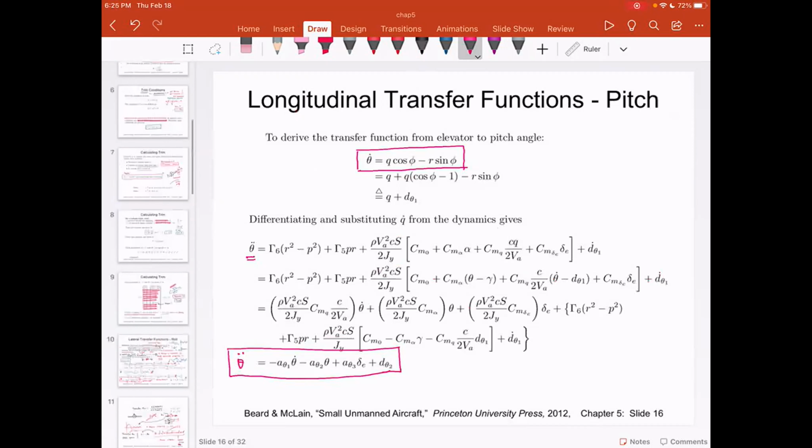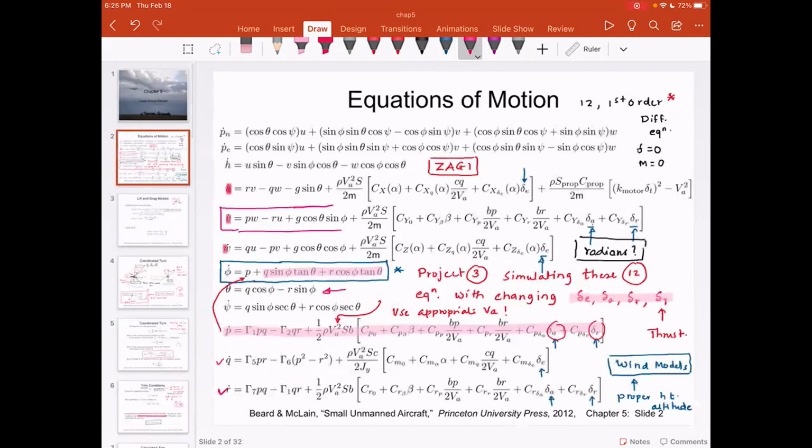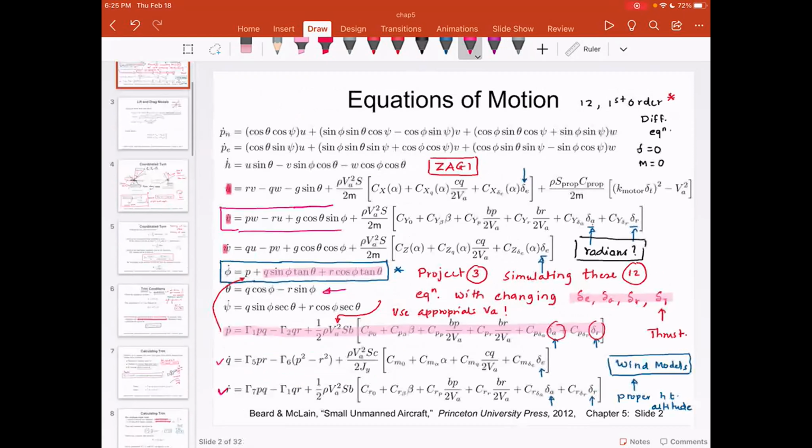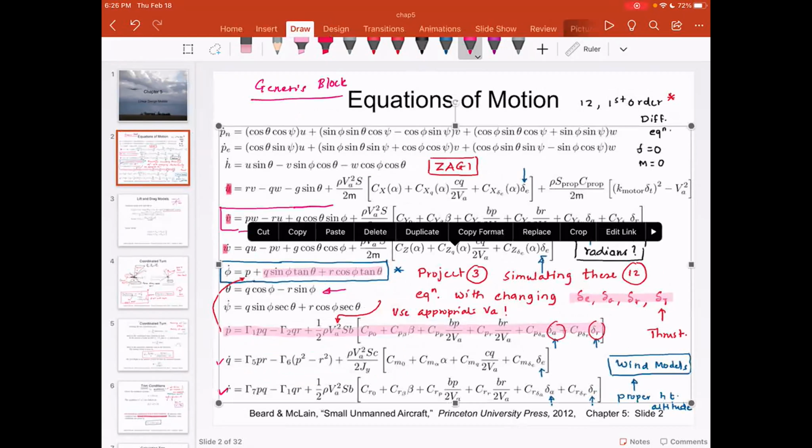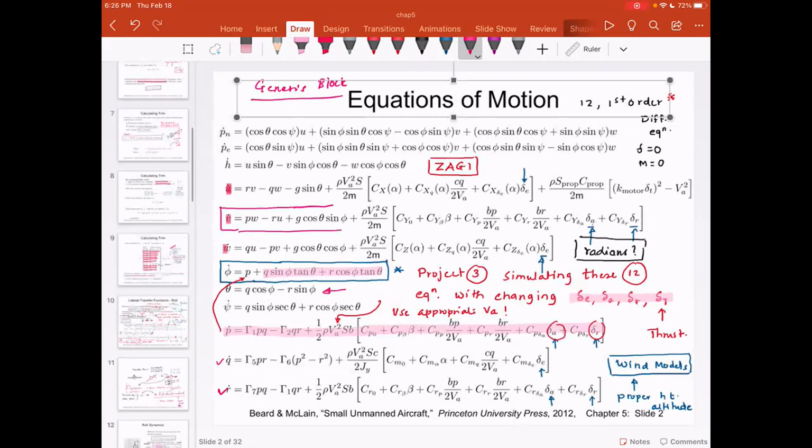And since our first slide with all these equations is the genesis for whatever we are doing in this lesson and again the next lesson, when I say the Genesis block, please remember this is our Genesis block. So when I say equations from the Genesis block, that means these 12 first order equations.